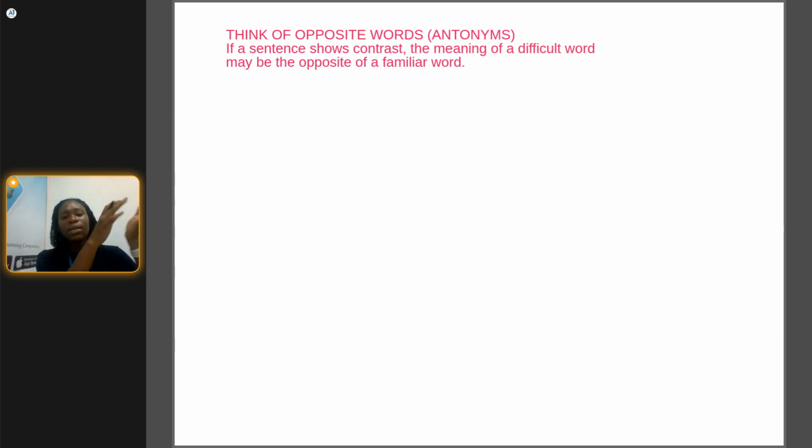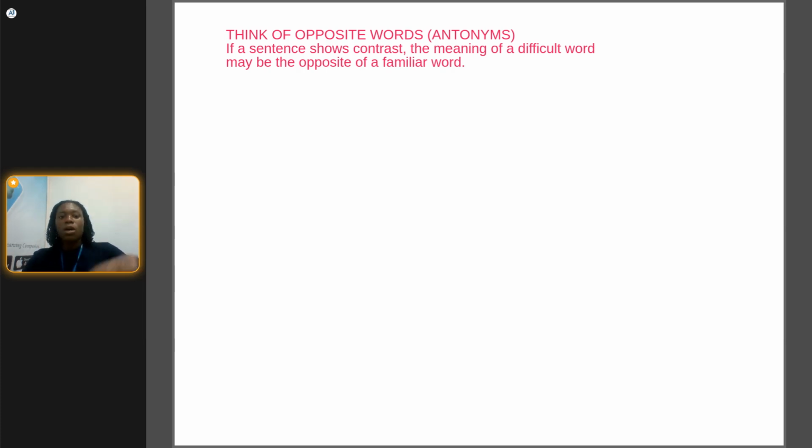It says if a sentence shows contrast, the meaning of a difficult word may be the opposite of a familiar word. If a sentence shows contrast, the meaning of a difficult word may be the opposite of a familiar word.